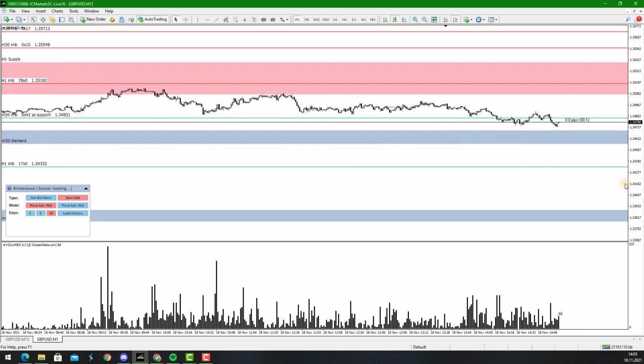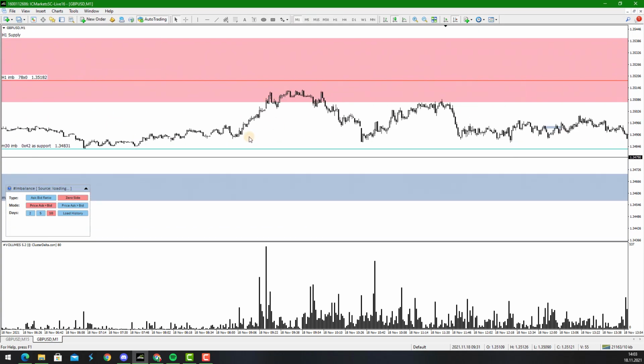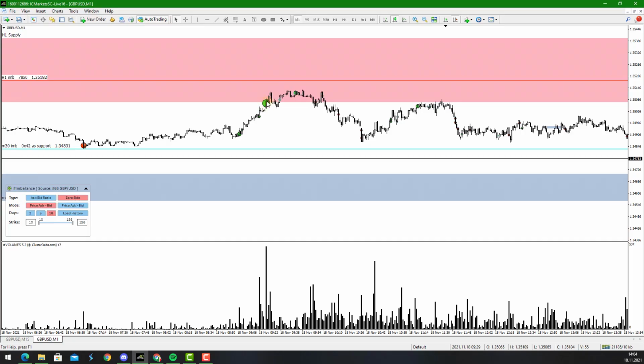And let's go to the M1. This whole move here is not only on H1 but also on M1: the compression move, the high volume, and price reached the supply, also an imbalance.